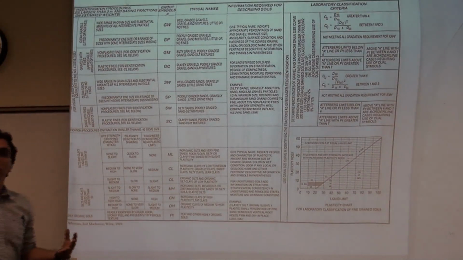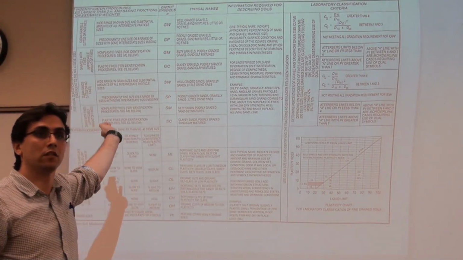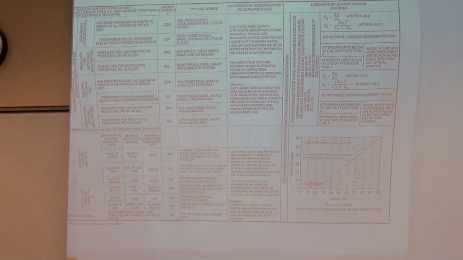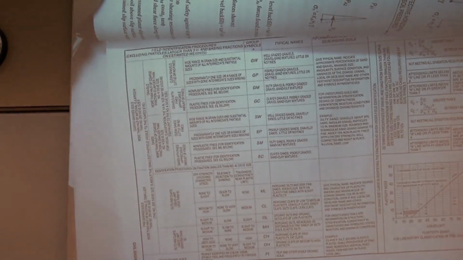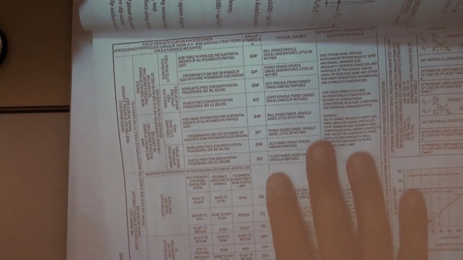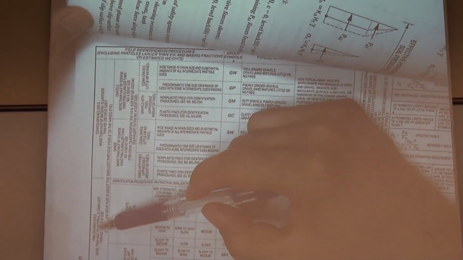Whenever you want to use a soil classification system table, you have to start from the left. Here it says coarse grain soil, fine grain soil.